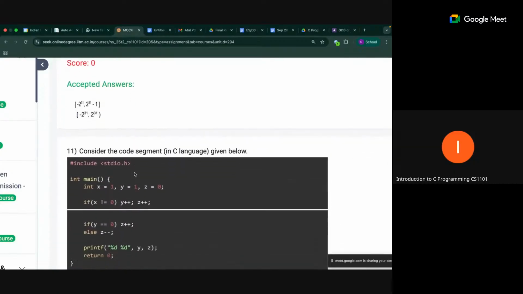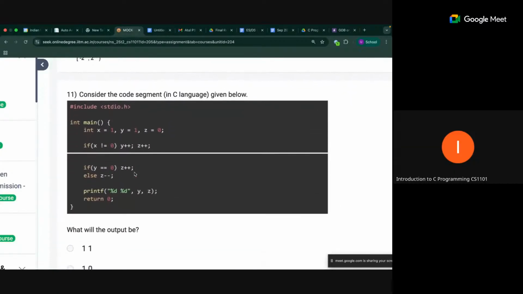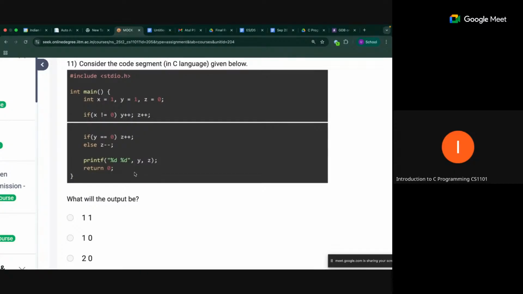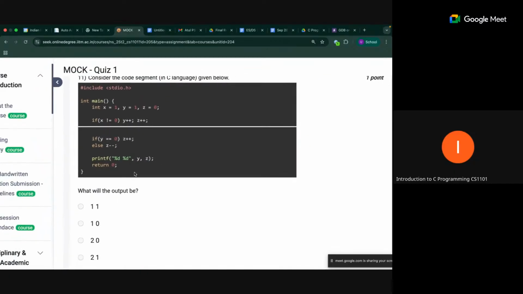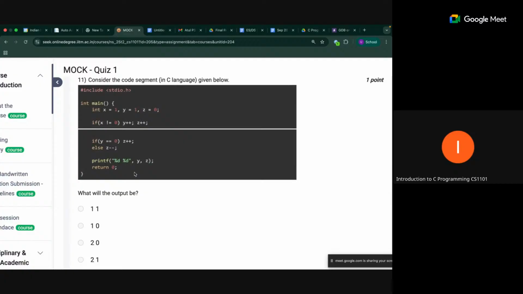And here is the next question. What will be the output of the following code? These are the options, people. So x is equal to 1, y is equal to 1, z is equal to 0. Then if x is not equal to 0, x plus plus, y plus plus is given. Sorry, z plus plus is given.